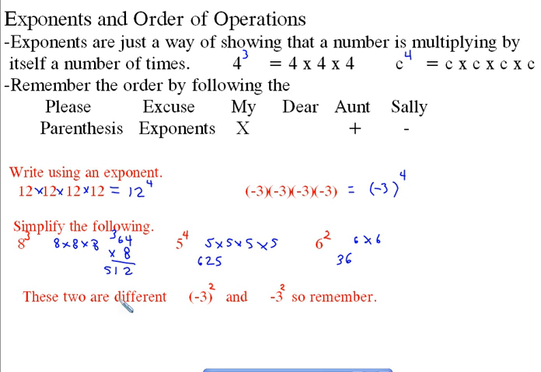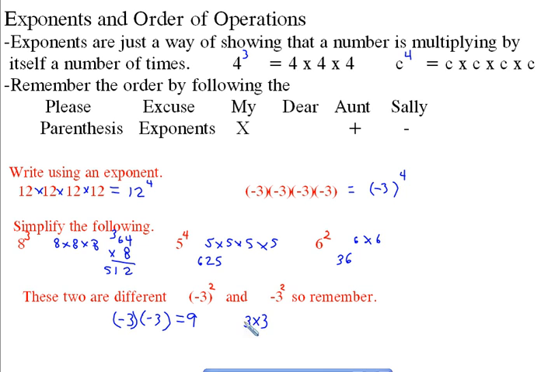If you look here, negative 3, the whole thing, squared, it's going to be negative 3 times negative 3, and that's going to be equal to 9. Now this one here actually means 3 times 3.